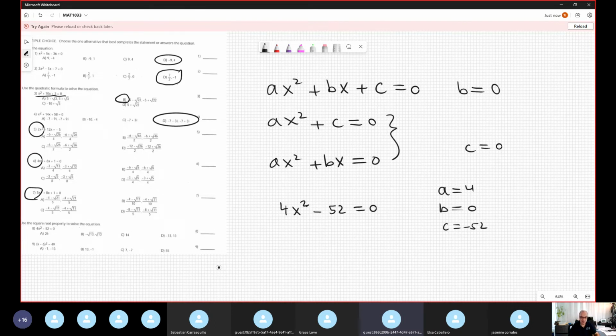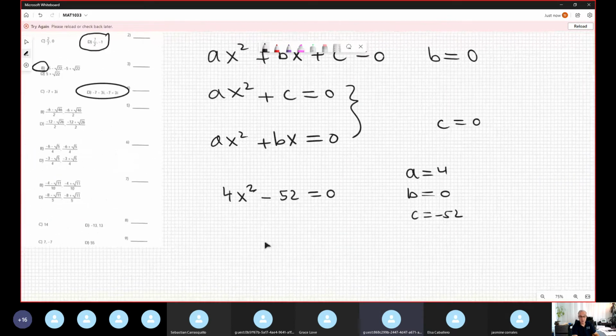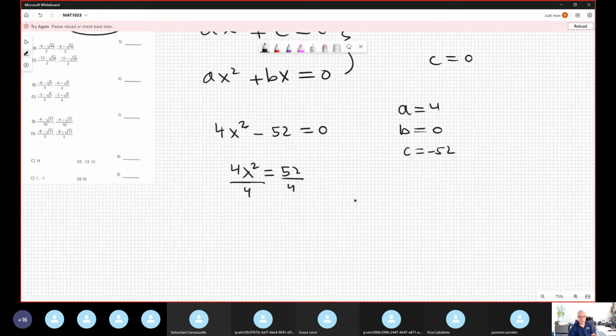Then the easy way for solving this quadratic equation is you manipulate it similar to a linear equation. You move 52 to the other side. You divide by 4 both sides. 52 divided by 4 is 13. So x squared equals 13.